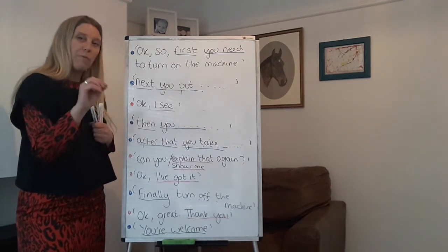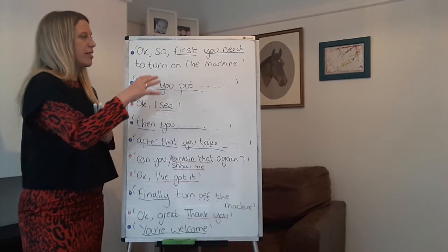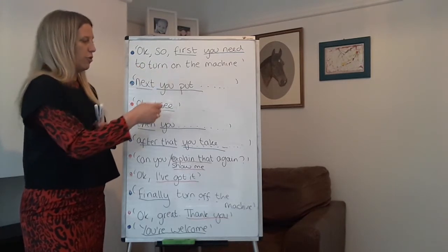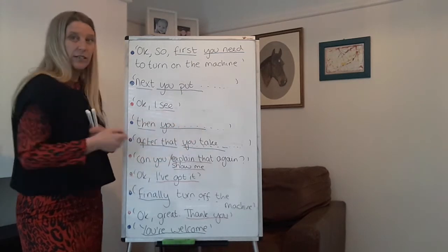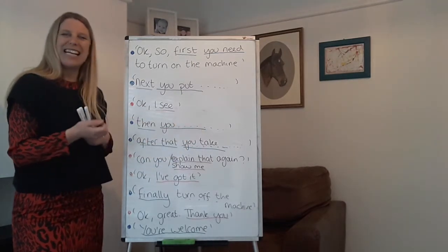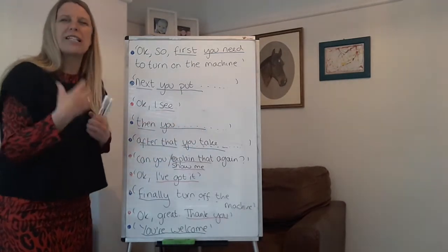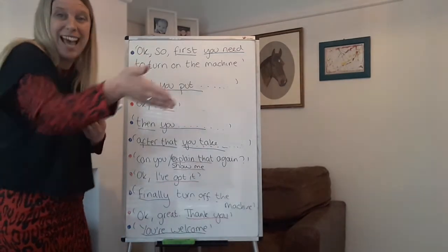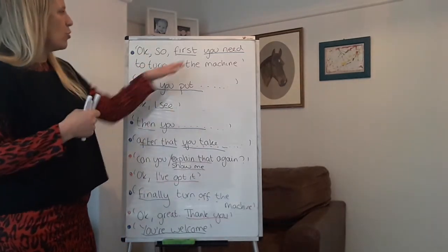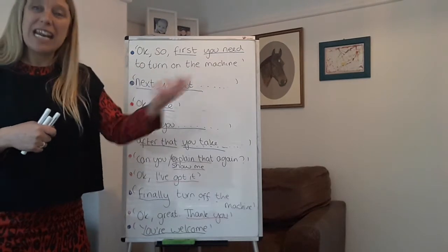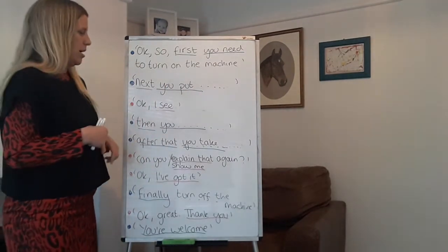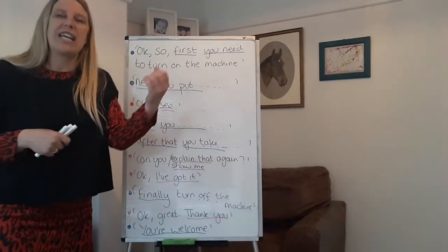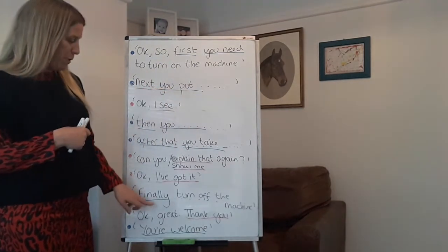When we're writing, we would just say first, turn on, or next, put. After that, take. We don't necessarily need the you. That's when we're talking, to make it more personal. Often we say first you need to, or first you have to, or first you must. Next you do this. And we use that you, but we don't have to all the time.